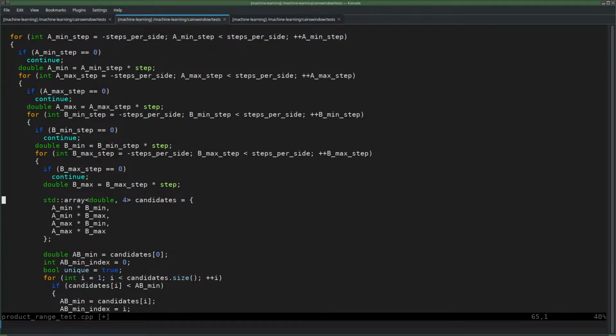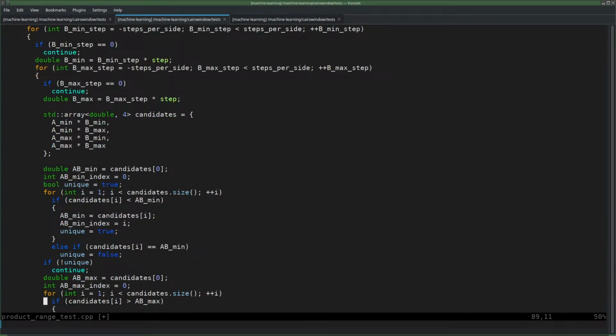So I'm just brute forcing it, calculating all four possibilities, and then we determine the minimum of the product.